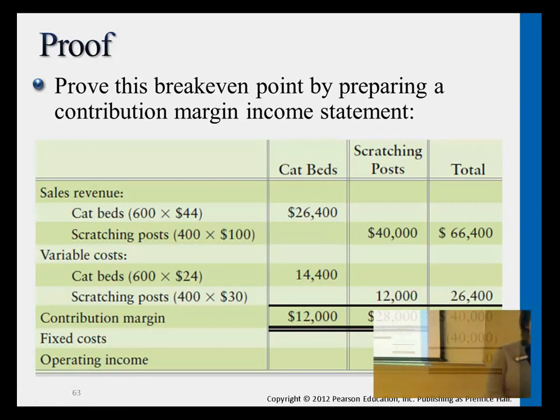Did I explain this to you? Okay, how do we know that the contribution margin for cat beds is $12,000 and for scratching posts $28,000?